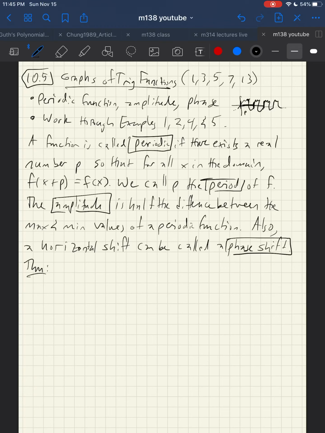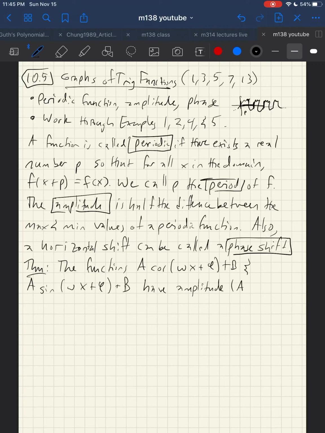So the main theorem, and this is going to be for sine and cosine, is that the functions a cosine omega x plus phi plus b and a sine omega x plus phi plus b have amplitude absolute value of a, period 2 pi over omega, phase shift negative phi over omega, and vertical shift b.